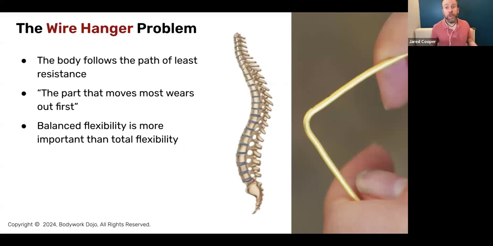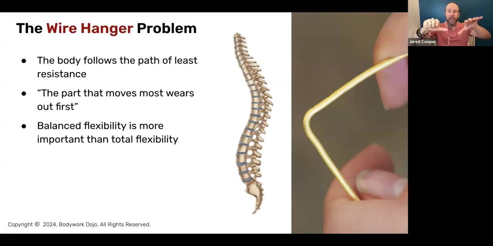Okay, this is true for the spine too. This is called the wire hanger problem. Think of the spine like a giant flexible wire hanger. When you bend over to pick something up, the spine is going to move from wherever the spine is mobile.